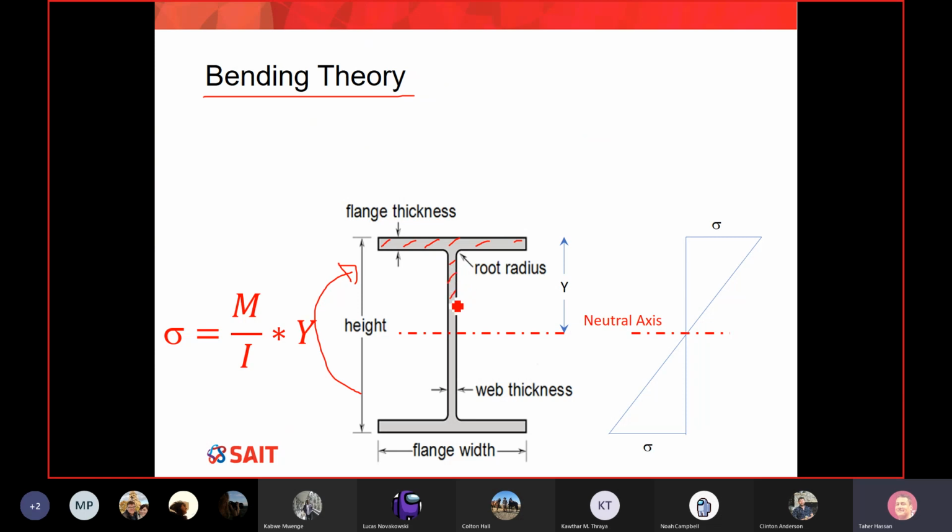Look at where I'm hatching. Where is my neutral axis here? It's in the middle because of the symmetry. So anything above the neutral axis will be in compression, and anything below the neutral axis will be in tension.